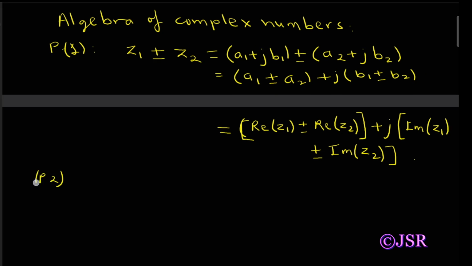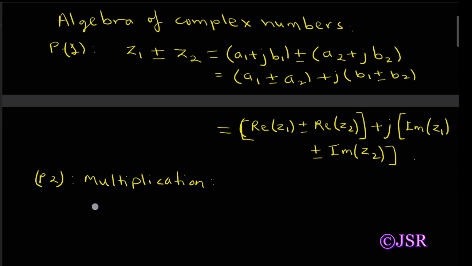Property 2, the multiplication of two complex numbers.